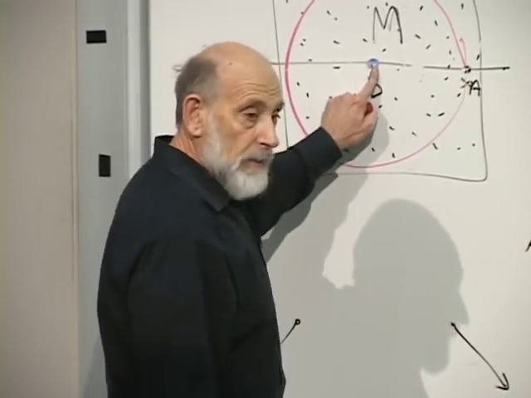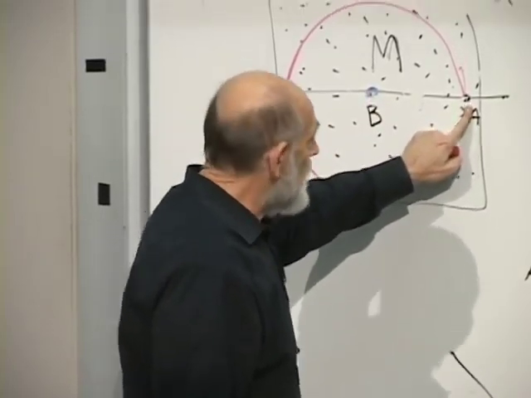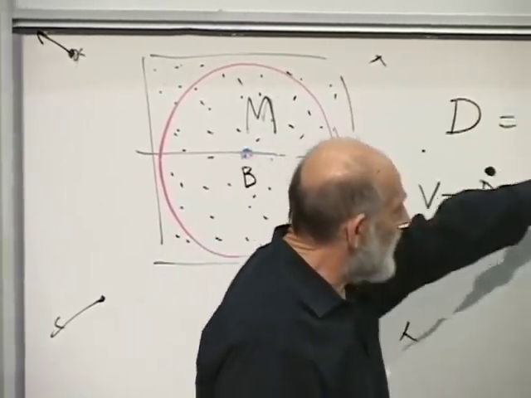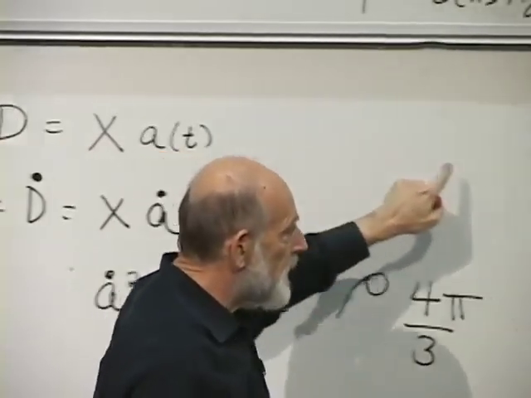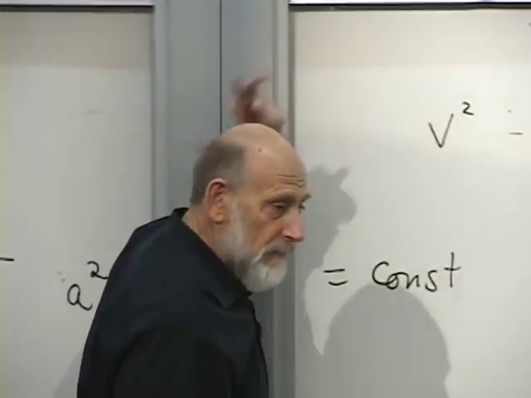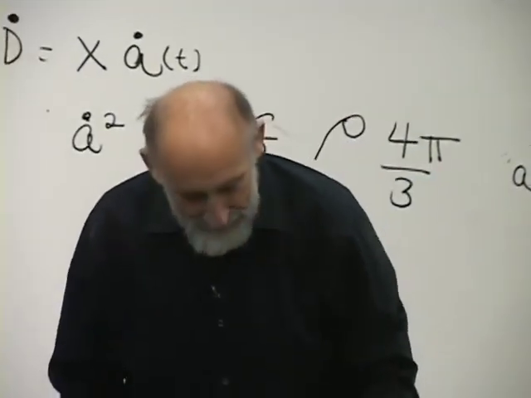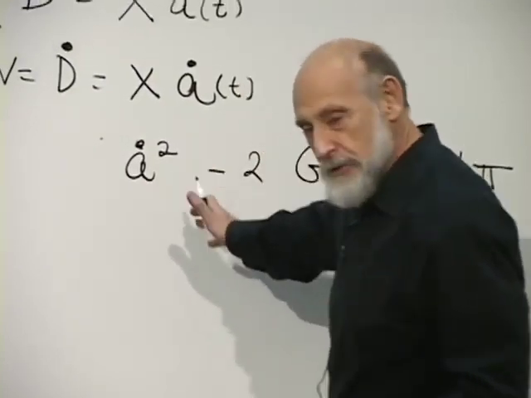I could have put us at the center and studied Alice's galaxy, or Fred's galaxy, or Michelle's galaxy, or George's galaxy. No, George's galaxy is out there. Anybody's galaxy we like, we would get exactly the same equation.